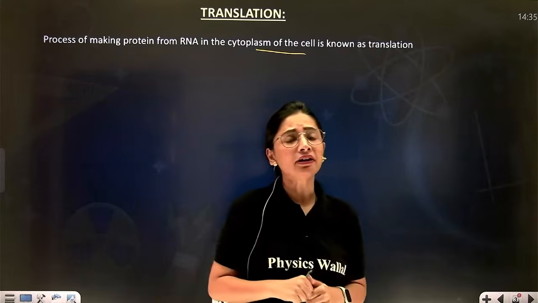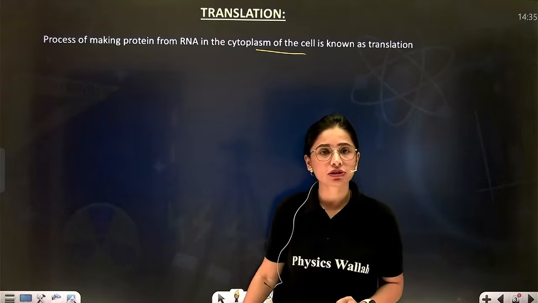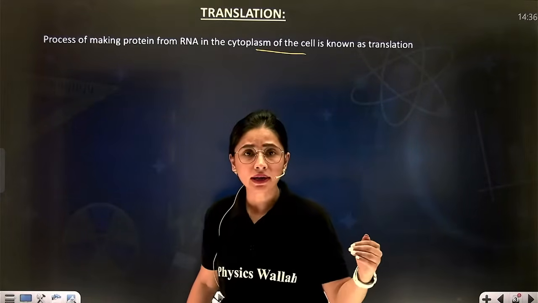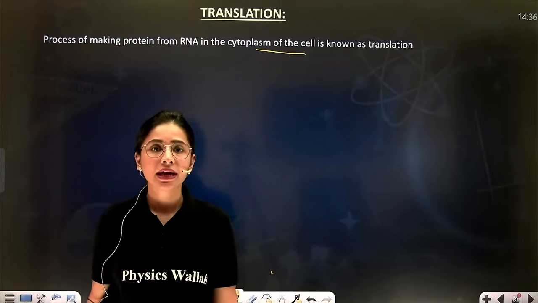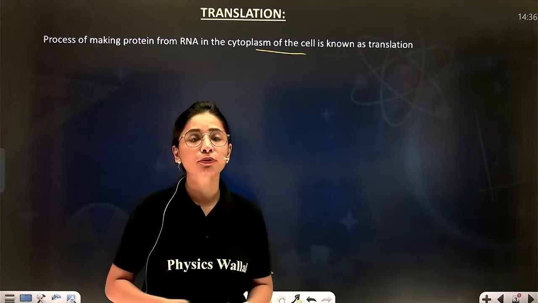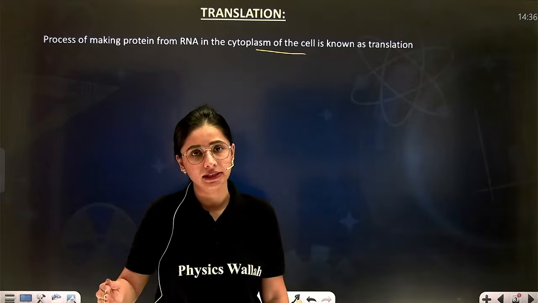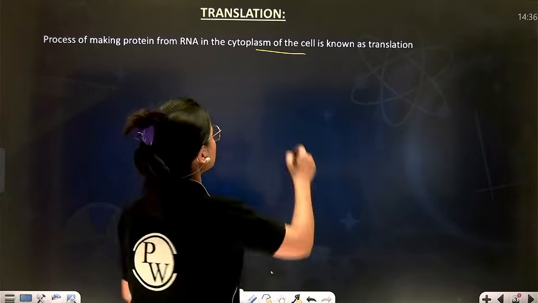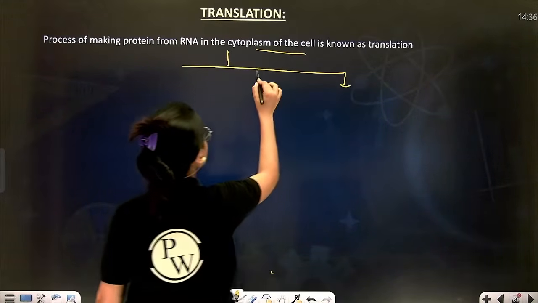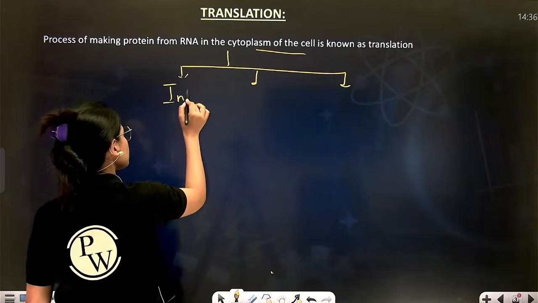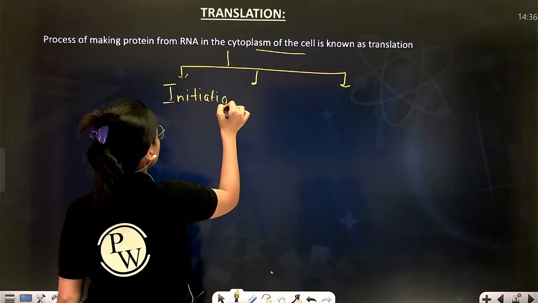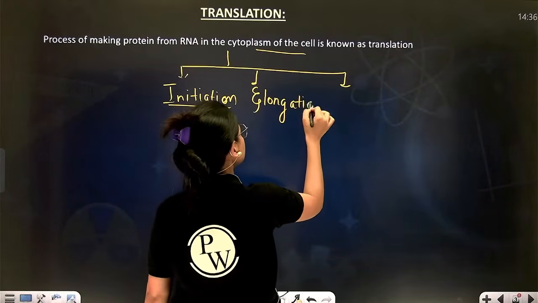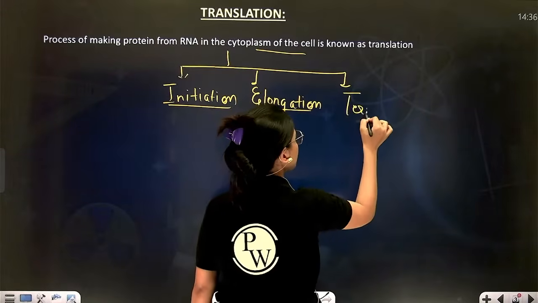Now, like in transcription, the whole process was divided into three phases: initiation, then elongation, and then finally termination. Similarly, the translation process can also be divided into three stages: initiation, elongation, and termination.